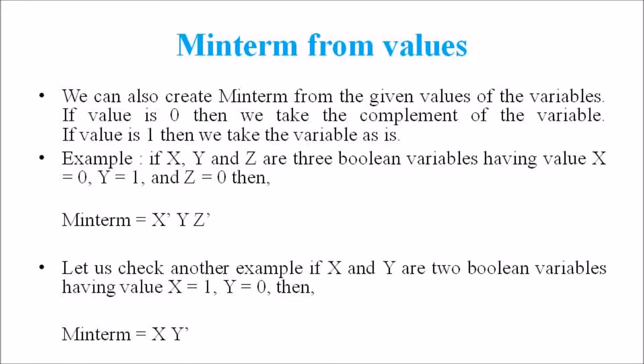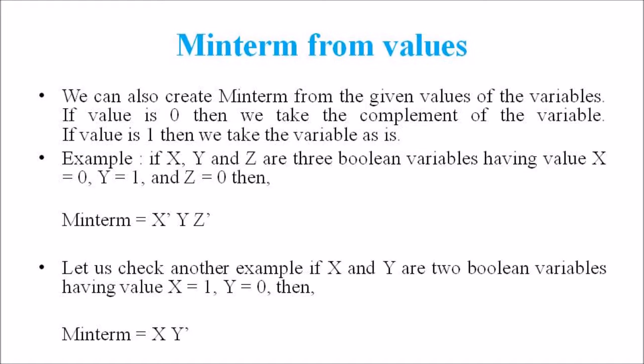Now let us discuss the minterm from values. We can also create a minterm from given values of the variables. If the value is 0, then we take the complement of the variable, and if the value is 1, then we take the variable as is.